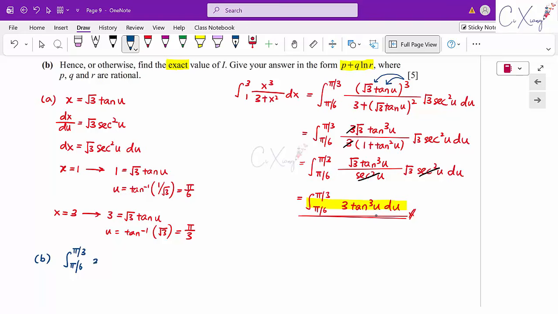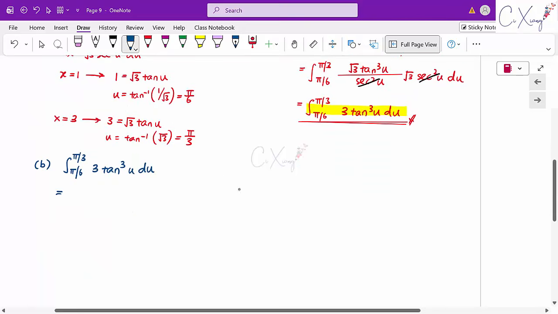Okay, so I'm having 3 tangent cube u. Okay, so we never learned how to integrate tangent cube before. And usually for anything that involves tangent with power 3 or whatsoever, we always try to rephrase it. All right, of course, this one needs some experience.